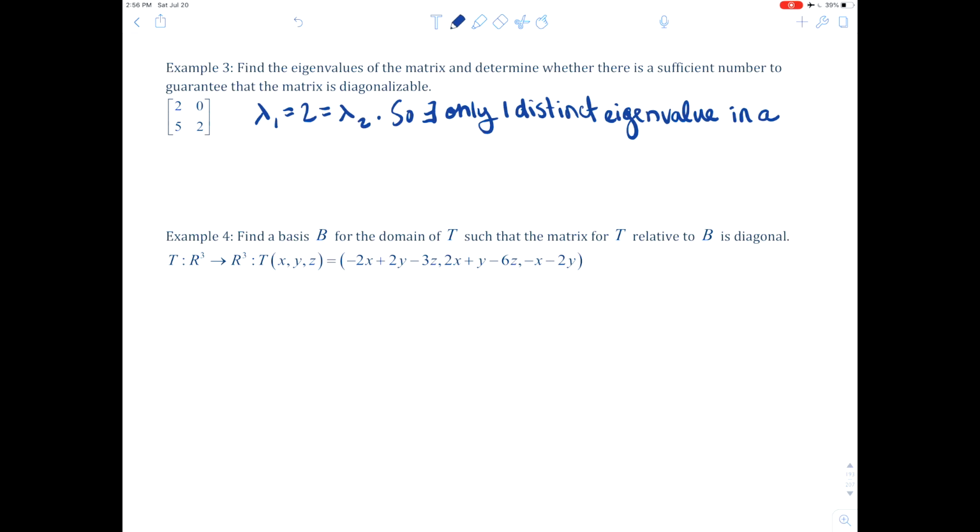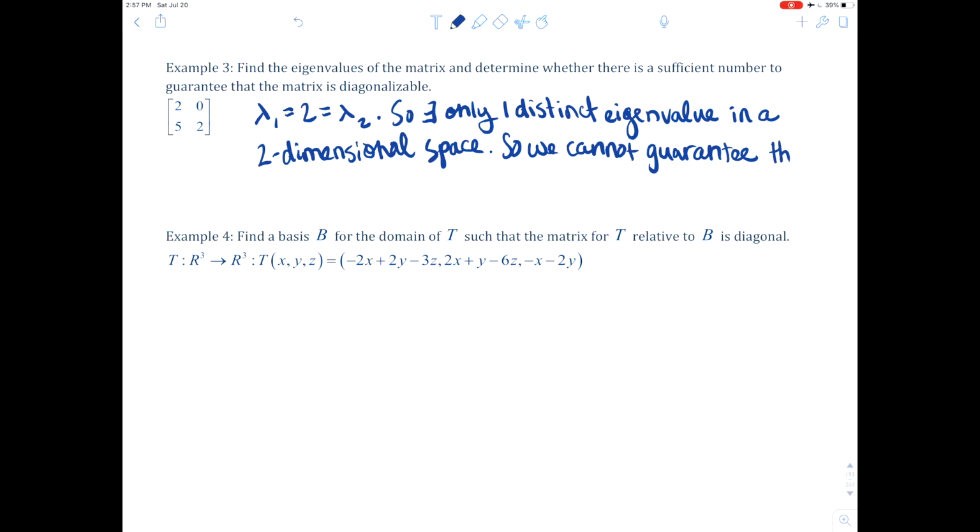In a two-dimensional space, since we're in R2, we cannot guarantee that this matrix 2052 is diagonalizable.